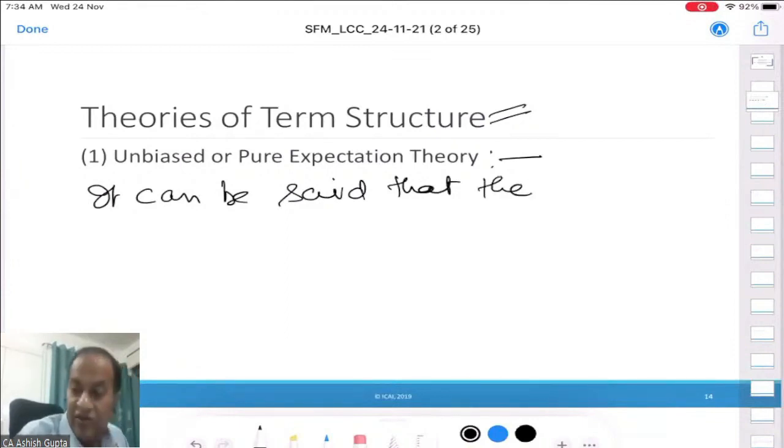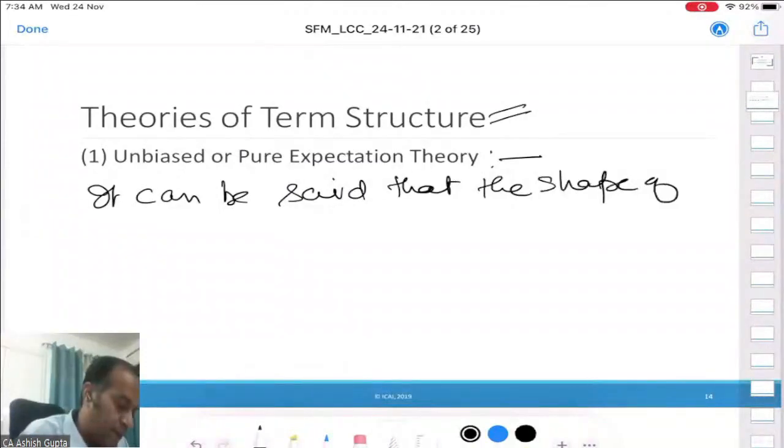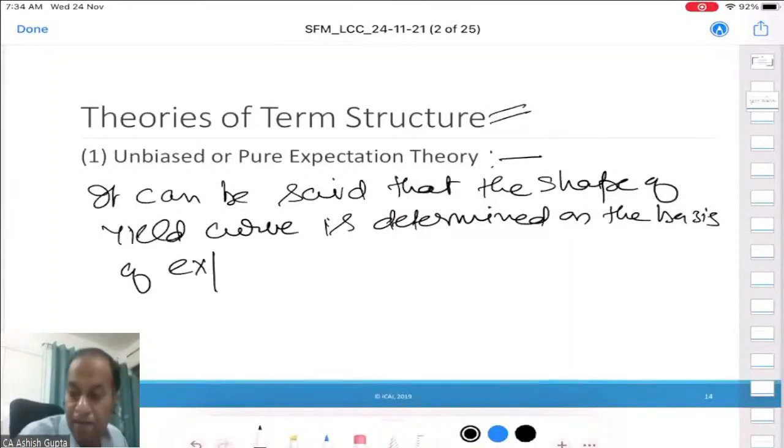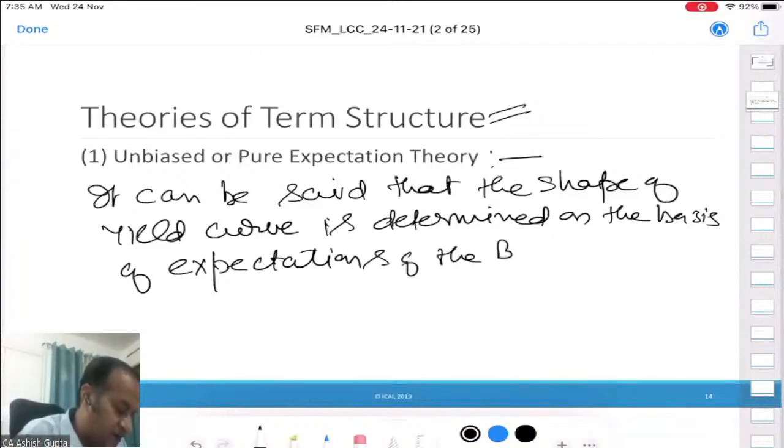The shape of the yield curve is determined on the basis of the expectations of the investors.